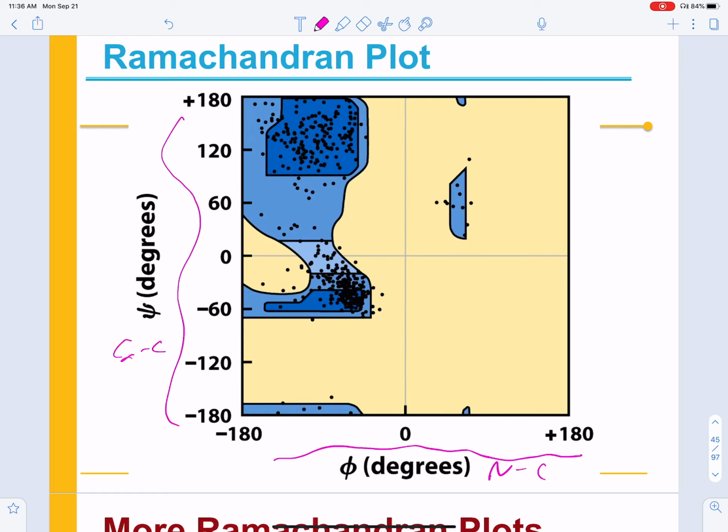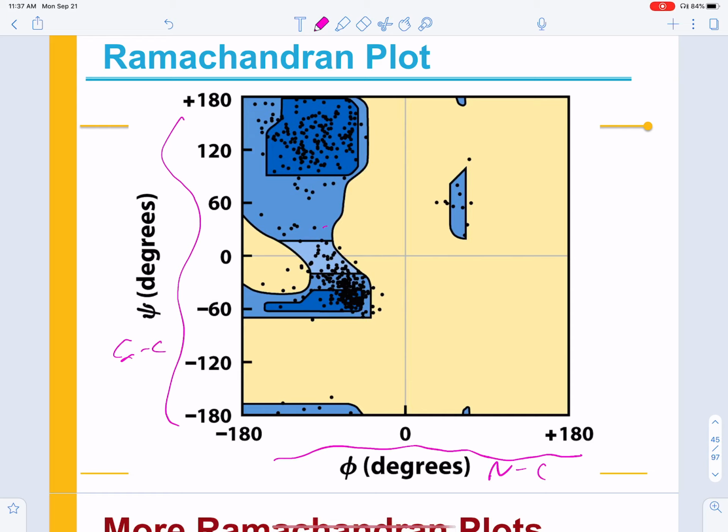Each of these dots represents the phi and psi of one particular amino acid residue in one protein. Let's say this protein is, I don't know, 250 amino acids or something like that.